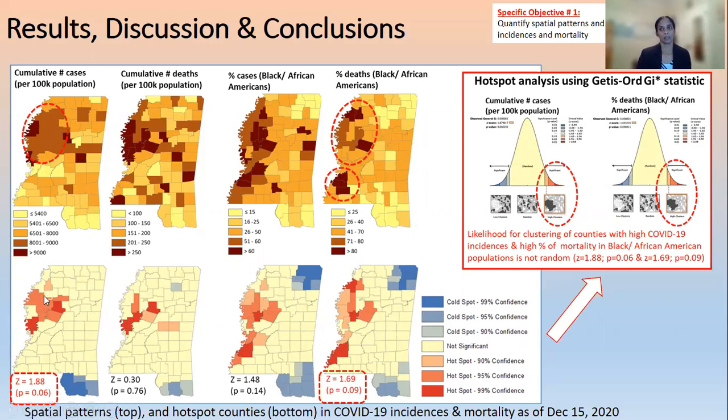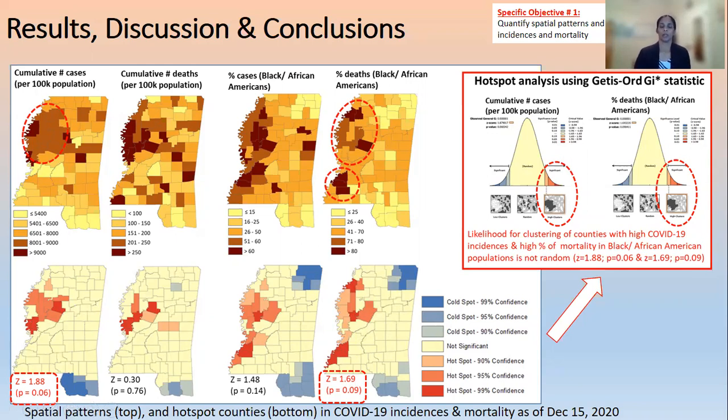Here we have a statistically significant cluster of high COVID-19 incidences and a similar cluster for high COVID-19 deaths from African Americans. What this really means is this clustering of counties for high COVID-19 incidences and also for high COVID-19 mortality in Black African Americans is not just random chance.